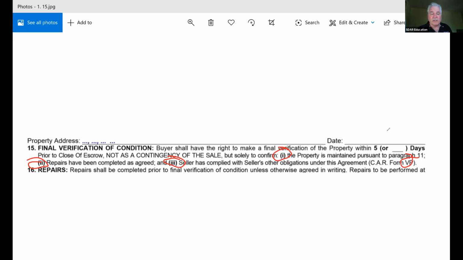Because remember, it is not a contingency of the transaction, the buyer still has to close the transaction, right? Again, I'd be talking to counsel at this point, but not a contingency of the transaction, and therefore close and then sue. So most of our lawsuits of this nature that come about, for the first time at the closing or at the final walkthrough, are usually going to be small claims court issues.